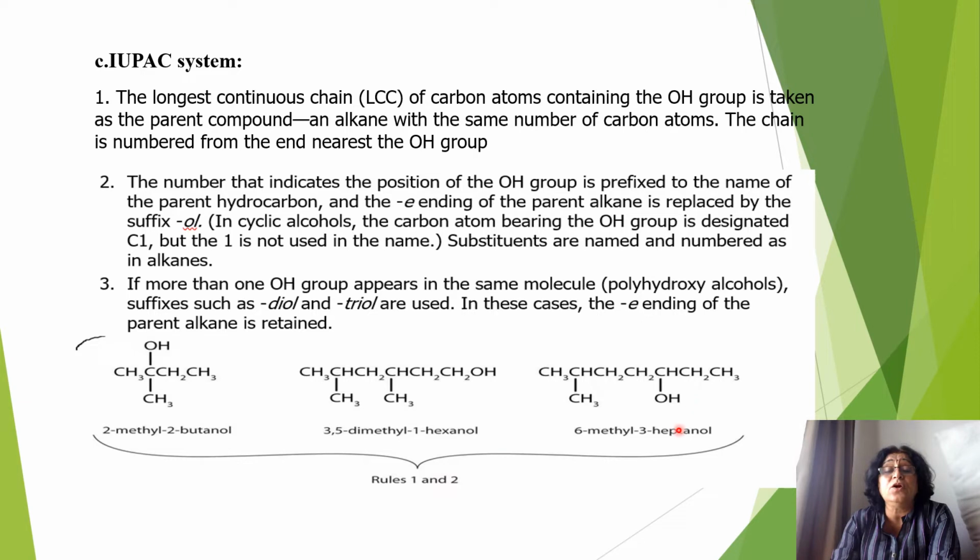Now in this case, if we do the numbering from this side, OH should get the minimum number. So 1, 2, 3, 4, 5, 6, 7. Seven carbons is the longest chain, where on the 6th carbon there is a methyl group, and on the 3rd carbon there is the alcoholic group. So 6 methyl 3 heptanol. Clear?